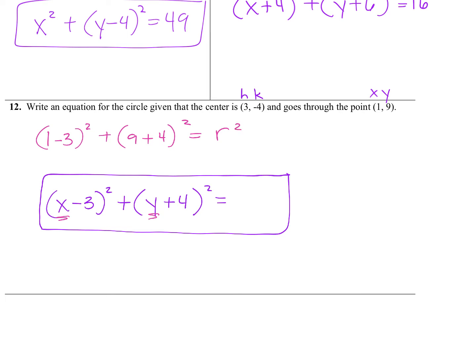So simplify that. 1 minus 3, that's a negative 2 squared, so 4. 13 squared is 169 equals your R squared. So that means R squared is just the sum of those two things, 173, okay? Don't square root that. What do we do with it? Just drop it in, right? This is going to go here. 173 is R squared, and that is your final answer.